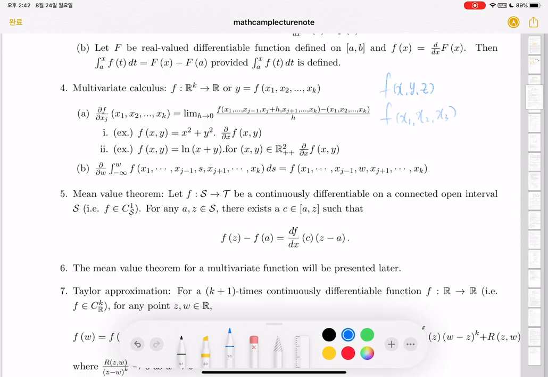Since in this example we only have three variables, let's use x, y, z.